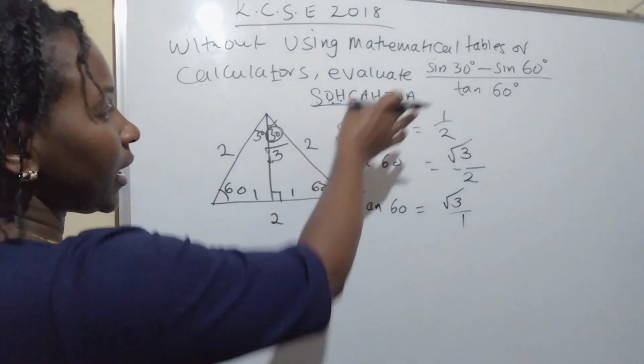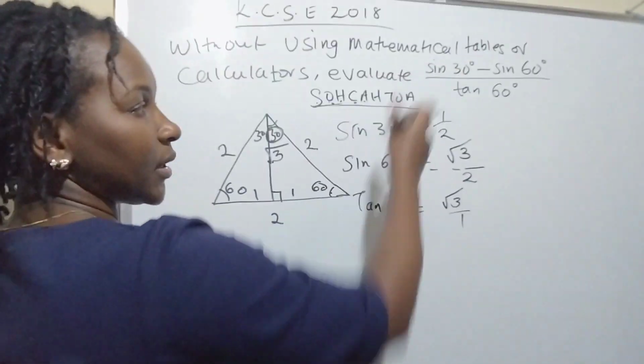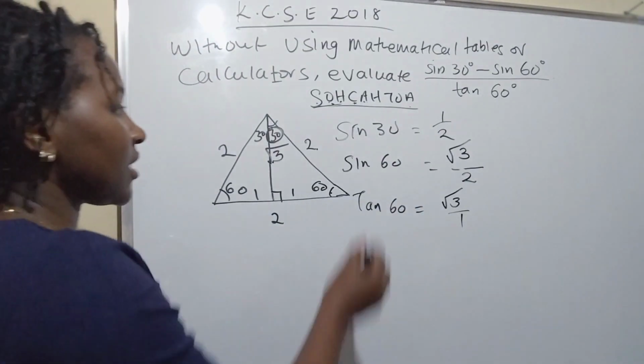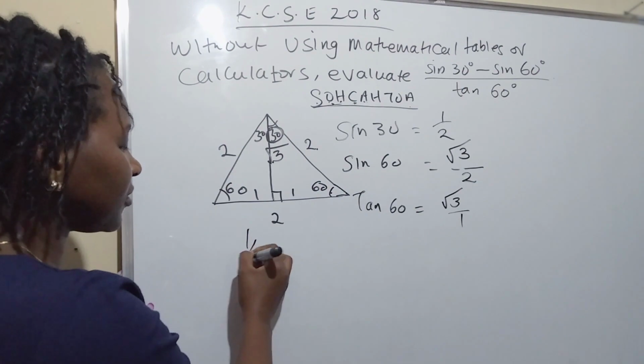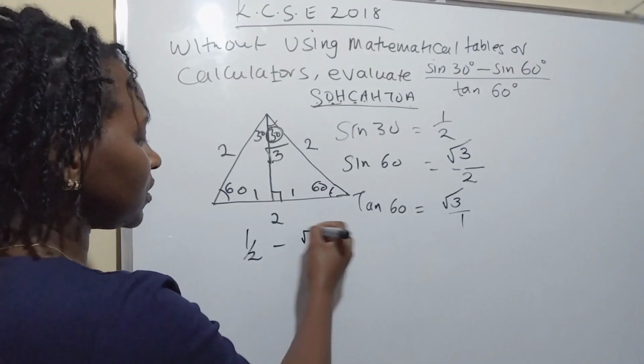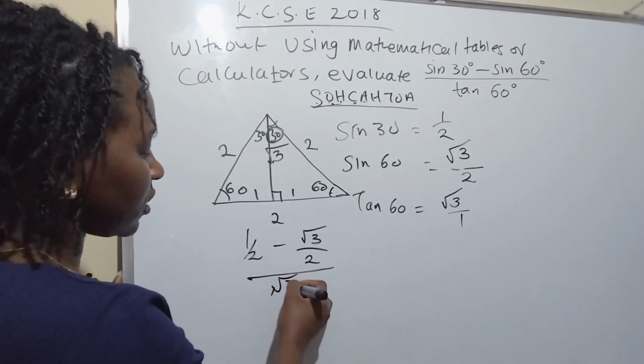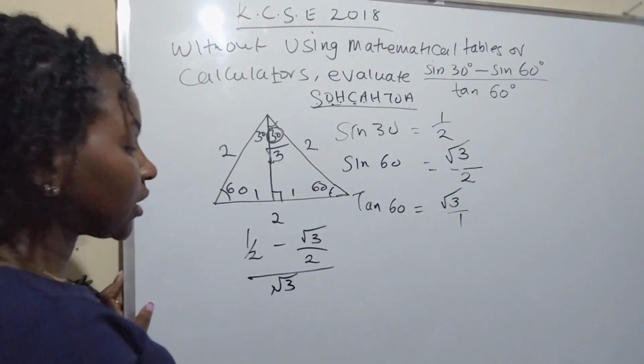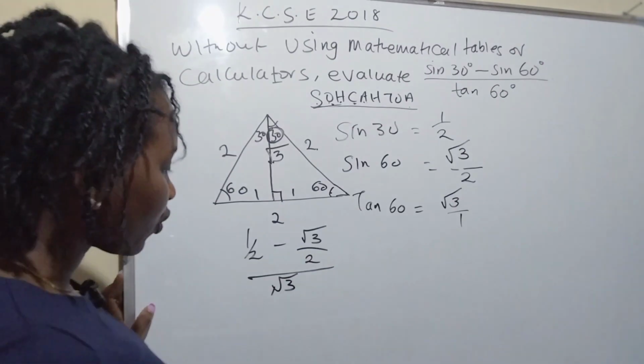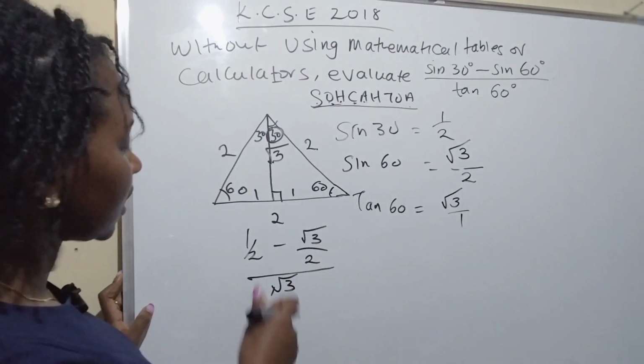So now, replacing all these values in our question just the way they are, we have half minus root 3 over 2, everything divided by root 3. This is how the question looks. So now we proceed with our normal way of solving surds.